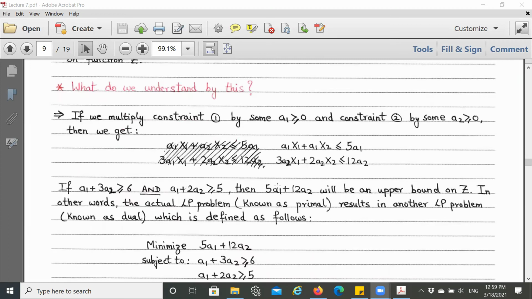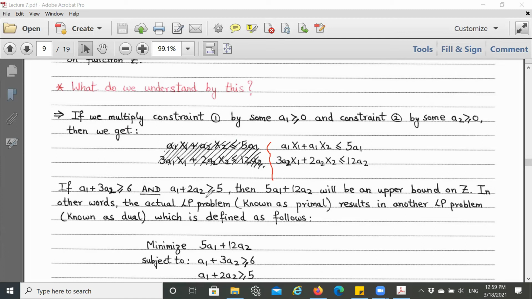Now, what do we understand from what we have seen so far? I'm saying that if I multiply the first constraint, which was over there, by some A1 value which is non-negative, and I multiply constraint 2 by some A2 which is greater than or equal to 0, then I would get those two constraints as we see over here.